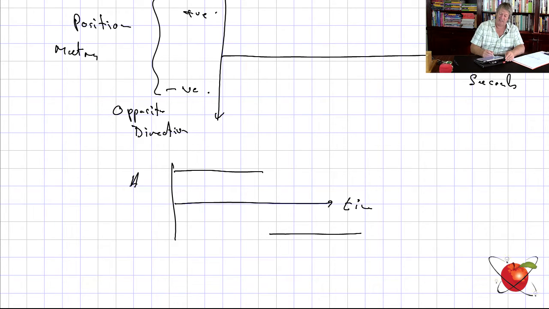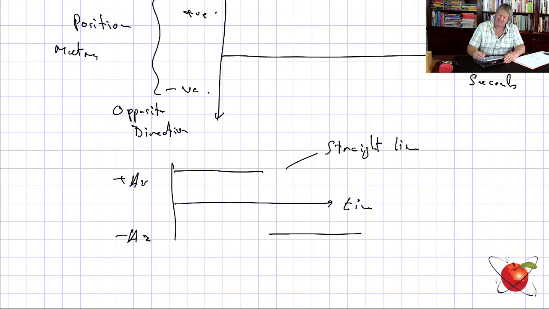So this is delta x plus. This is delta x minus over here. Let's look at this line. First of all, it is a straight line, and it is flat. Therefore, it has got 0 slope. It's got no slope.